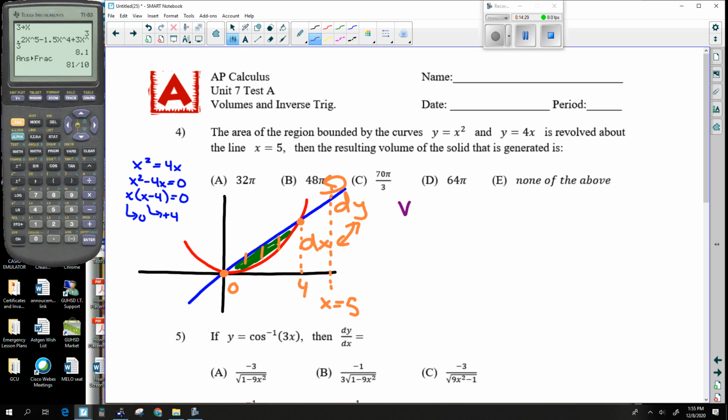So this volume is going to be equal to 2 pi, the integral from 0 to 4. This is, again, x. I'll leave it blank for right now. And this is the top minus the bottom. So this is 4x minus x squared dx.